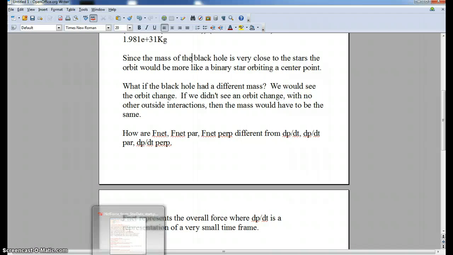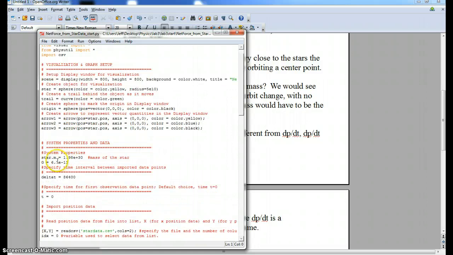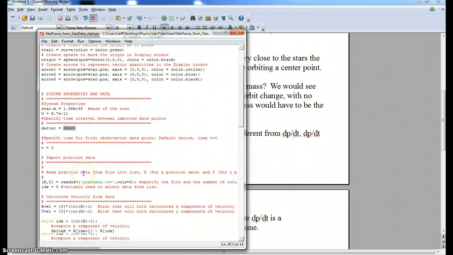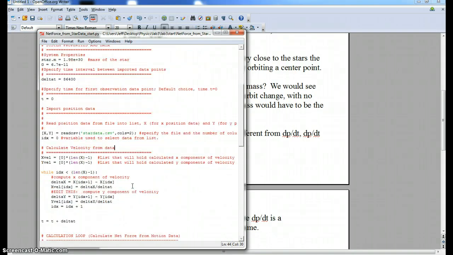So let's go ahead and open up VPython here and take a look at our system real fast. As you can see here, we've got the star's mass and the gravitational constant. Our delta t is 86,400 seconds, 1 day. Here you can see the data is being pulled from the CSV file.